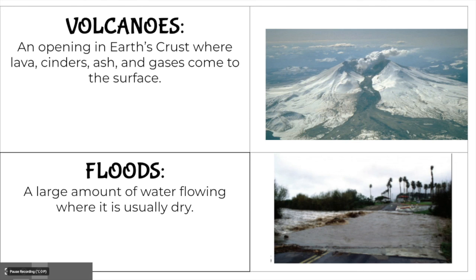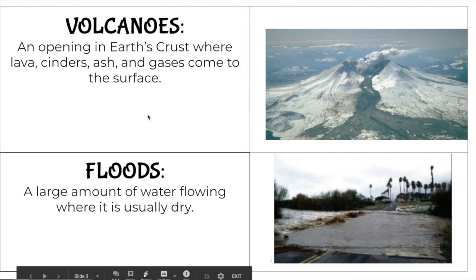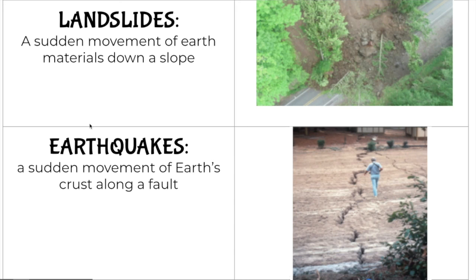Acceptable answers for rapid changes are either volcanoes, floods, landslides, or earthquakes. If you wrote one of those 4 examples of rapid changes, you are correct. Those 4 things: landslides, earthquakes, volcanoes, or floods, are all examples of rapid changes that can quickly change the Earth's surface.